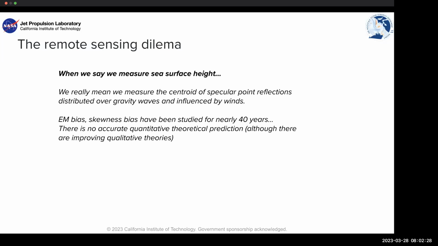And going from that specular point centroid to sea surface height has taken nearly 40 years or more. And there are still corrections that are trying to be understood. So far, there's no quantitative theoretical prediction, although there are many qualitative theories that say what the data should look like.